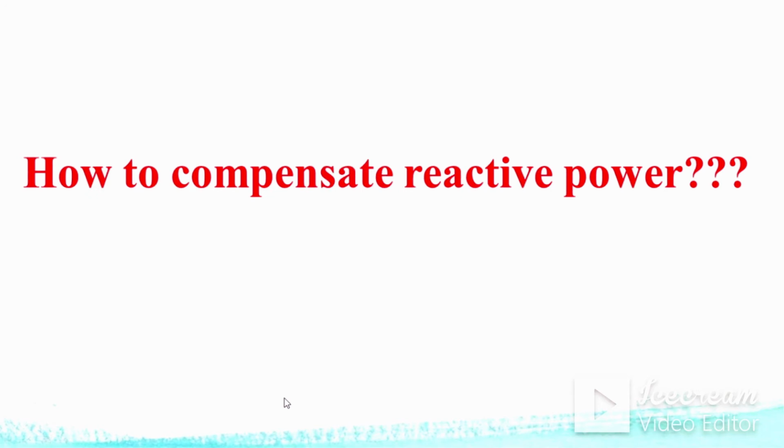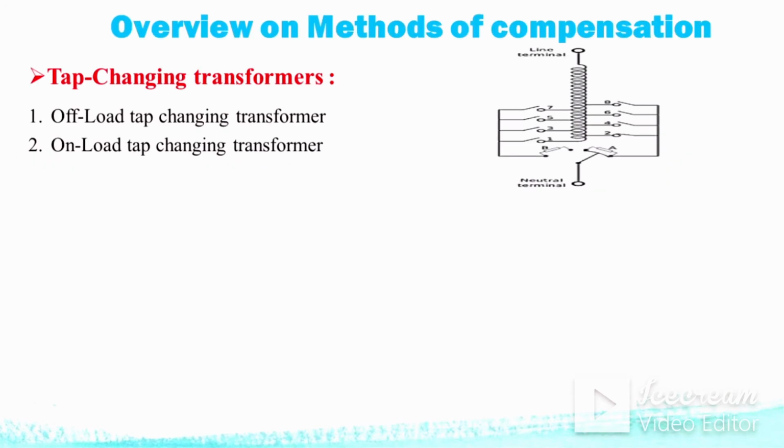So how do we compensate this reactive power? We will just quickly have an overview of the methods of compensation. First, a very typical method of improving the voltage profile and thus reducing the reactive power demand in the network is through the tap changing transformer.